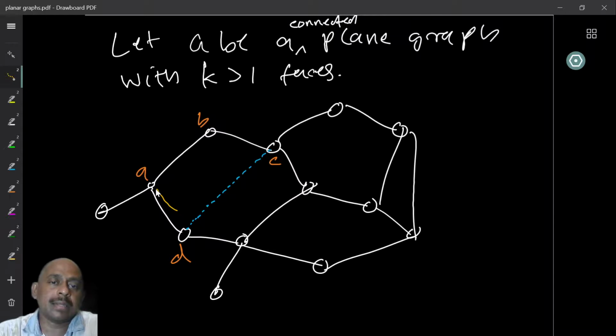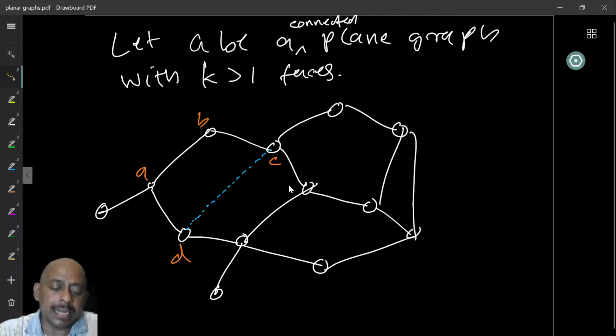If you look at this particular face, it has 4 edges in the boundary. And now take any one of the edges that you want. If you take an edge in the boundary of a cycle, that edge separates exactly 2 faces.